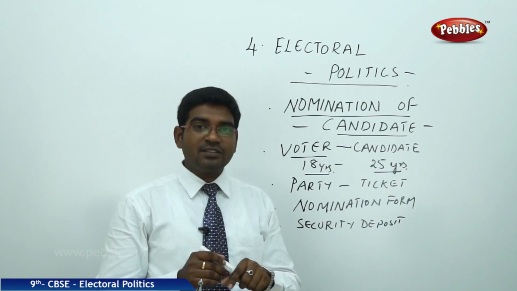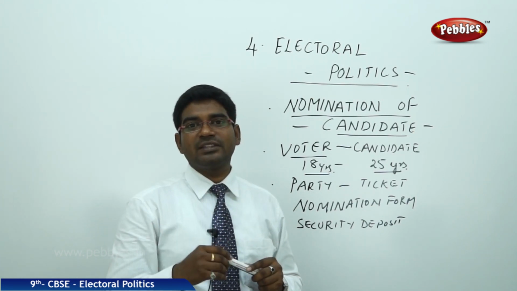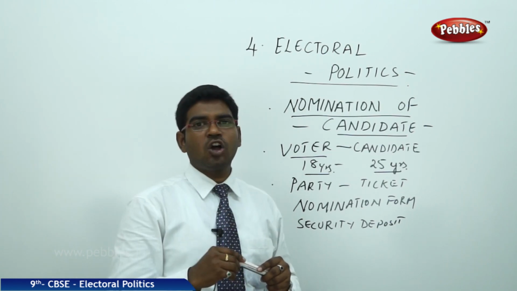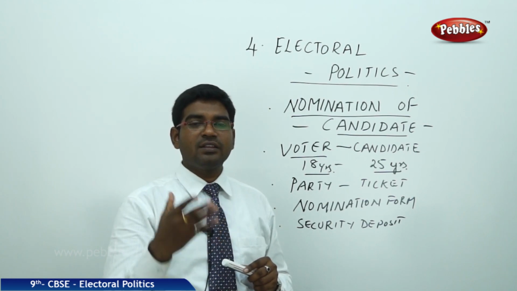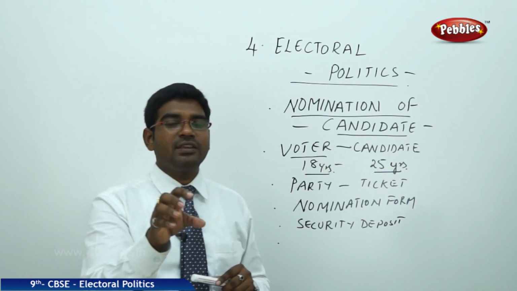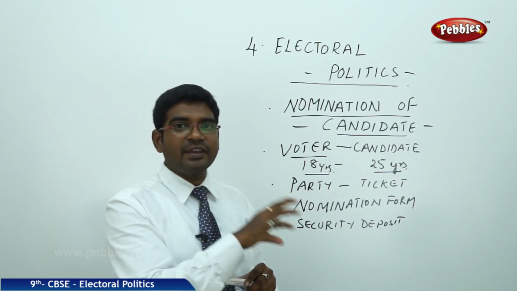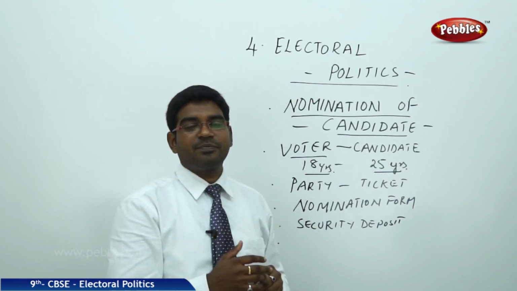If a candidate is supported by any political party, we have many political parties in our country like Congress, BJP, Aam Aadmi, TDP, TRS and so on. There are so many. Any political party which supports a particular candidate issues a ticket in the name of the party.